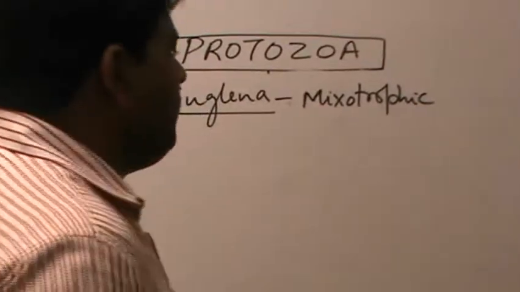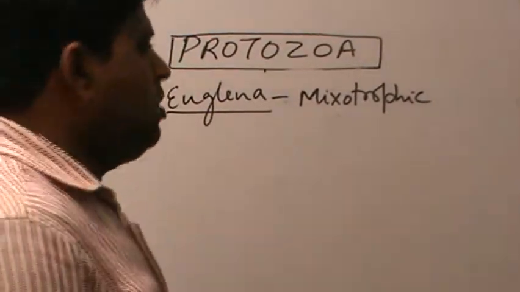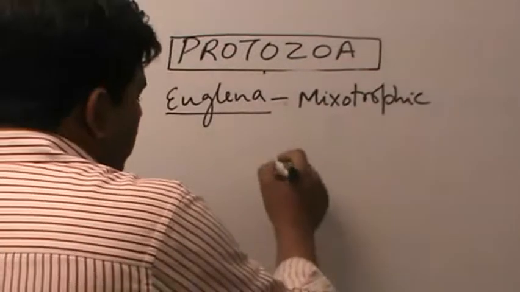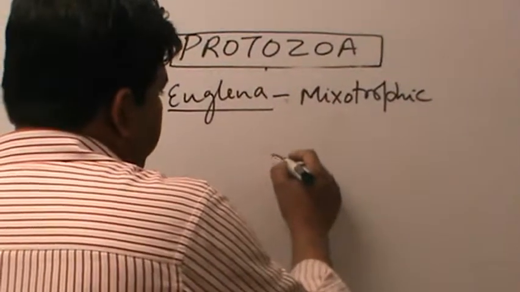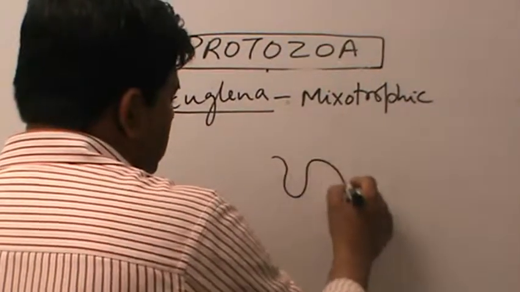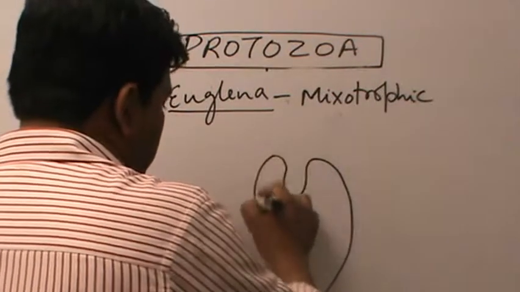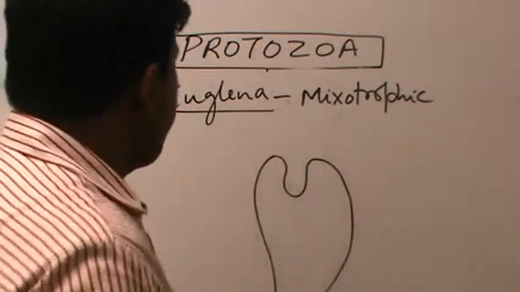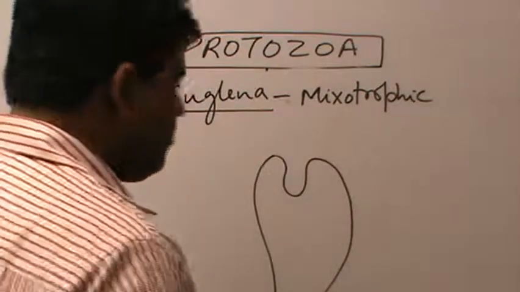This type of nutrition is known as mixotrophic nutrition. So let's have a look at the general structure of Euglena.